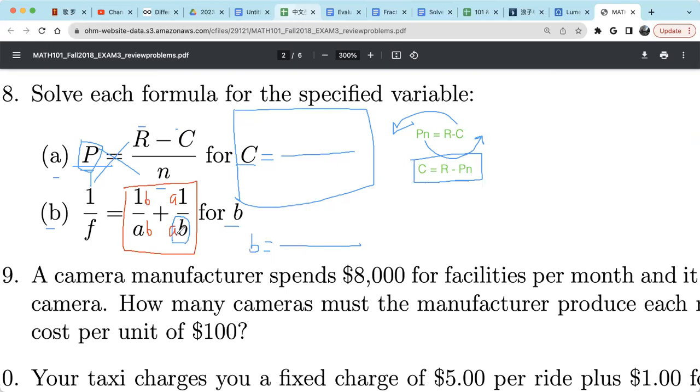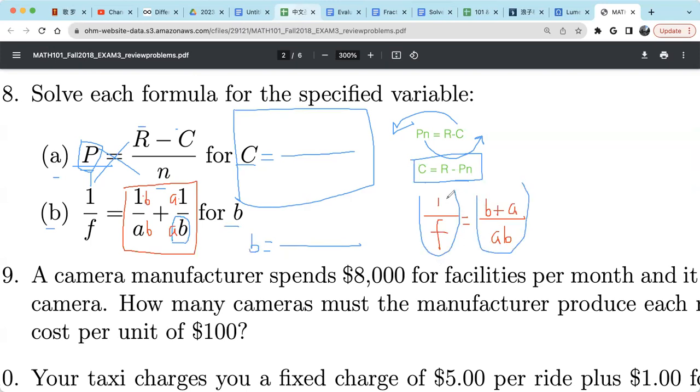Now I have a common denominator, right? My common denominator is just AB. The numerator: 1 times B is B, 1 times A is A. So I have 1 over F equals, my denominator is AB, my numerator is B plus A. Now you see I have one term on one side and another term on the other side.